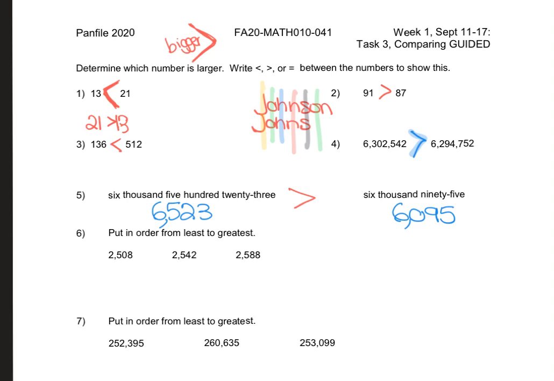So, that said, if you take the time to line these numbers up, and again, we talked about this when we were going over your syllabus, especially if you have problems lining things up, especially if your lines wobble, especially if in the past you've had difficulty with it.